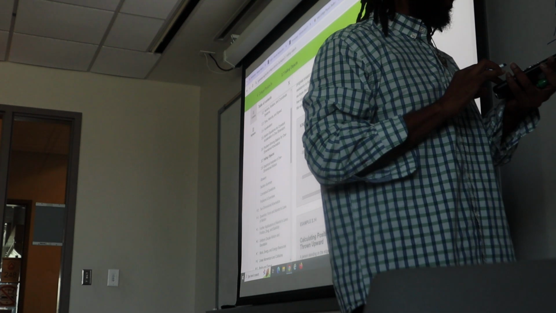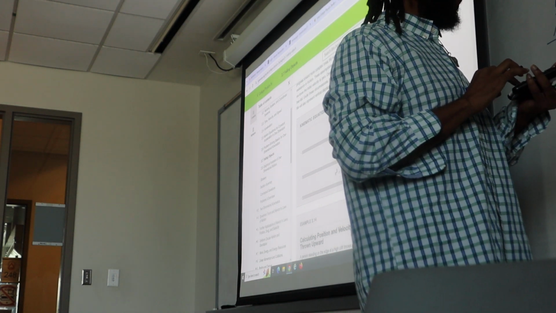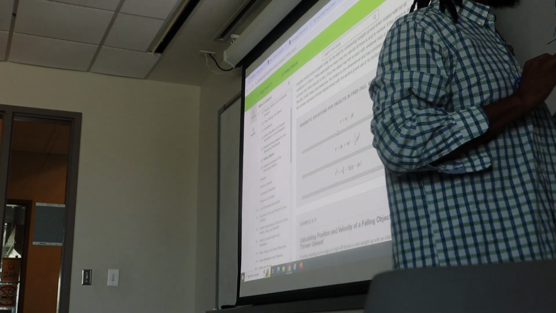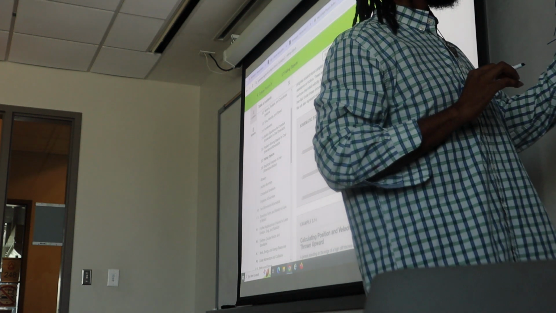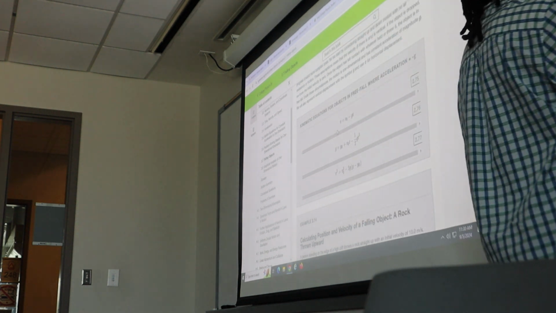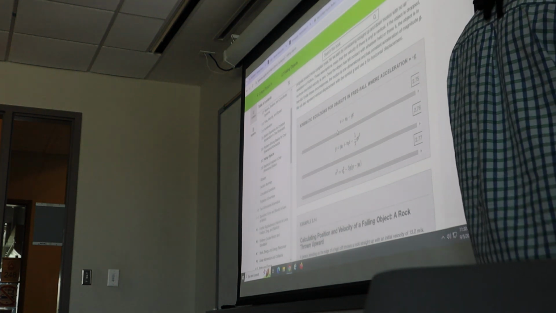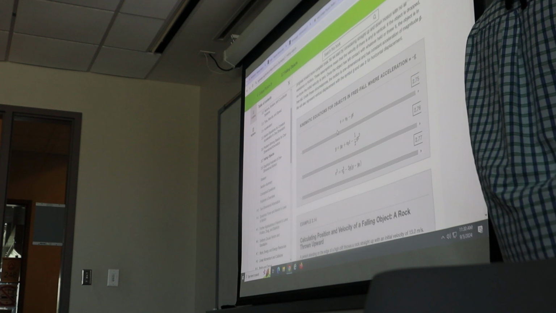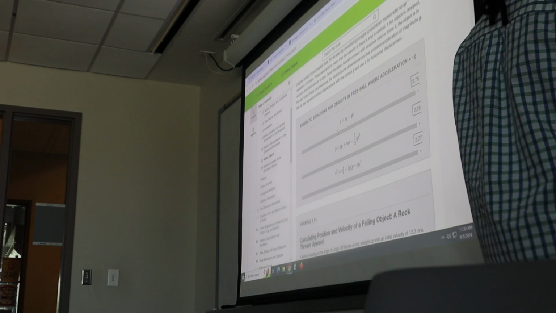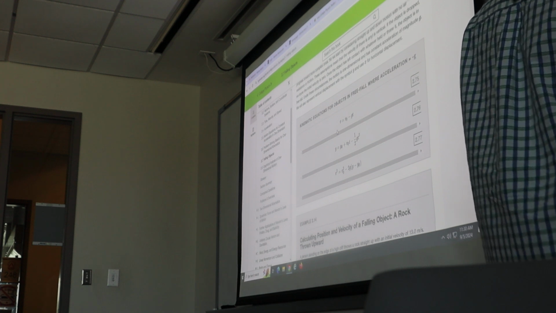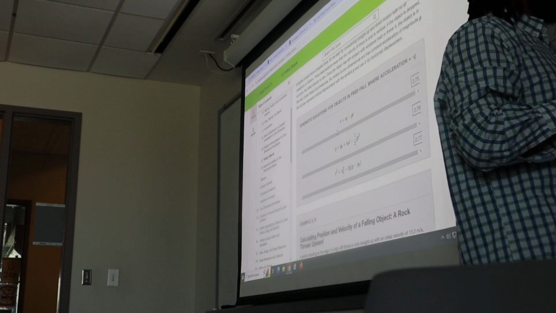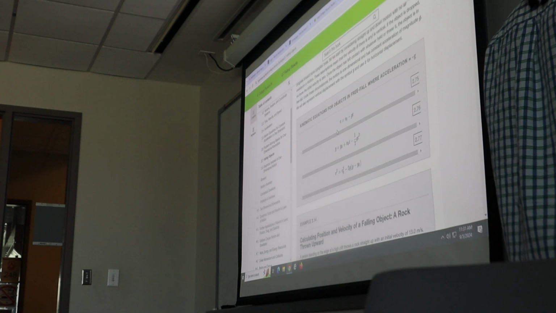So this is what I get for the first one. Meters per second, that cancels out, and seconds squared, so that cancels out. 13 plus 4.9, 17.